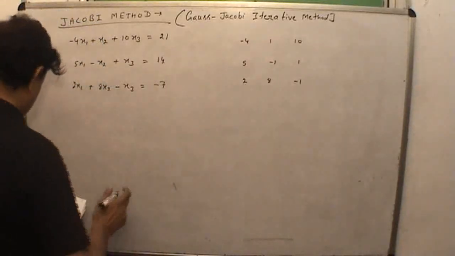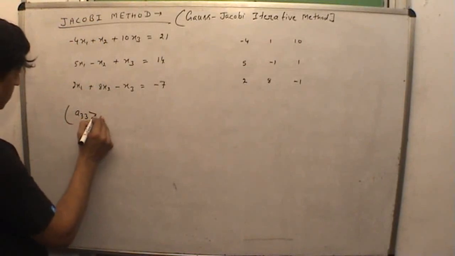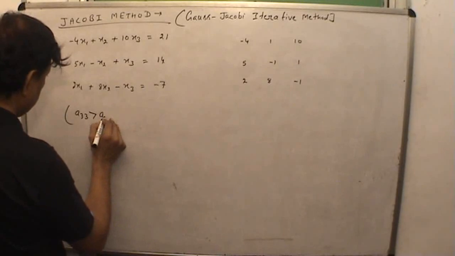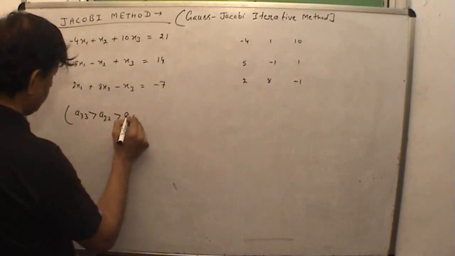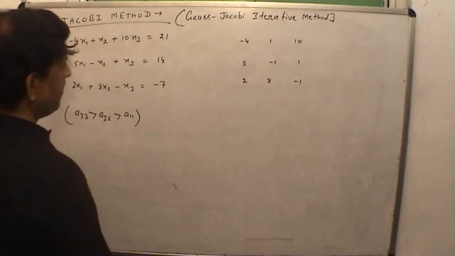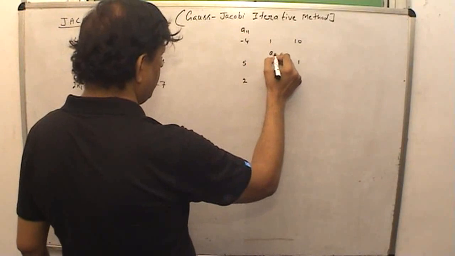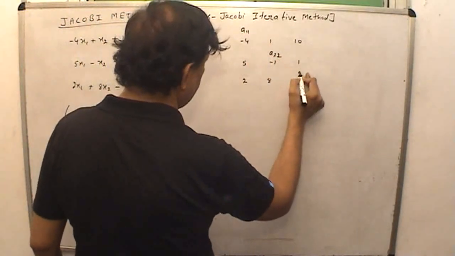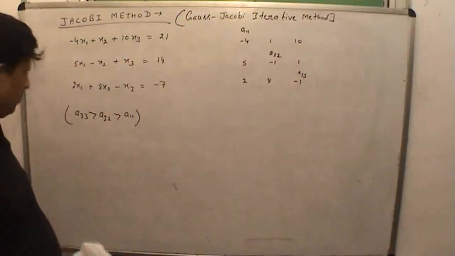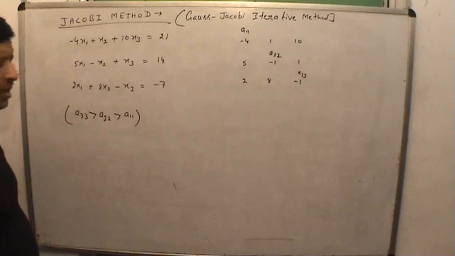Our purpose is that we want A33 must be greater than A22, or A22 must be greater than A11. It is A11, A22, A33. It means the diagonal elements should be in increasing order.